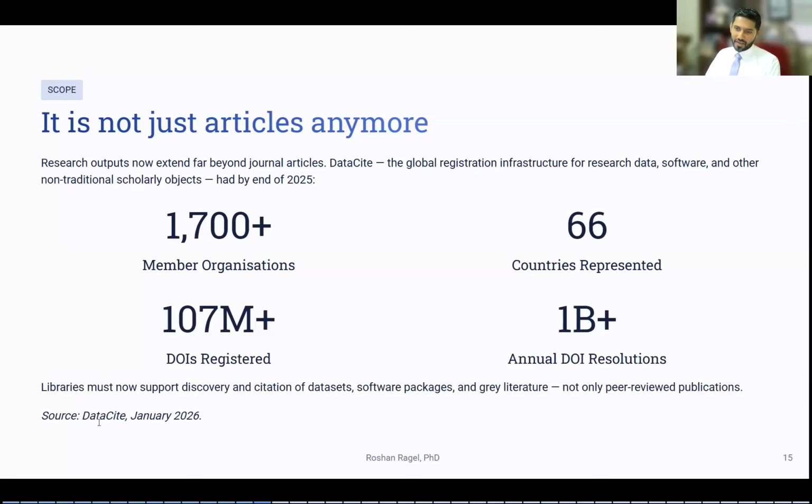This is coming from DataCite, obviously the ones who are running DOIs. They are talking about not just articles, not just resources of that nature, but also other items like member organizations and people, which are also getting added, and the numbers are large and keep increasing.